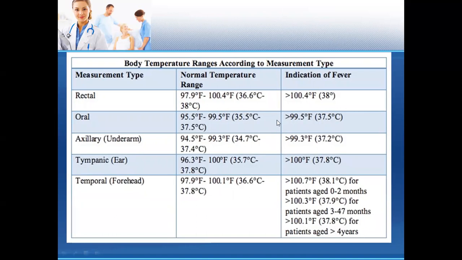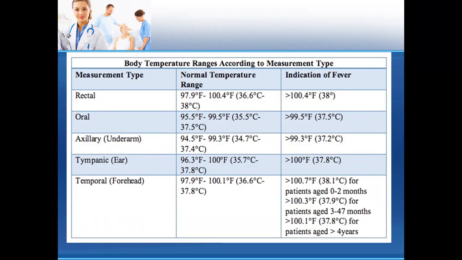If it is more than 37.5 Celsius, we say fever. What about Fahrenheit? It is 95.5 to 99.5 degrees Fahrenheit.